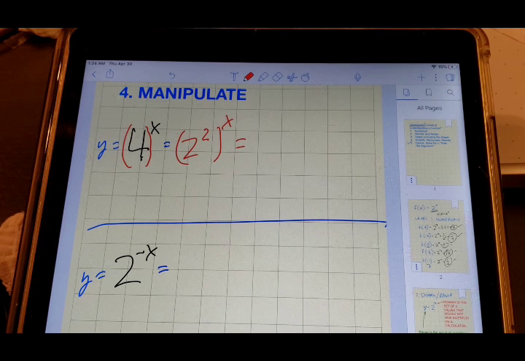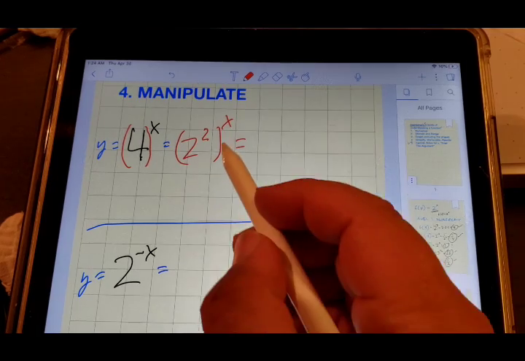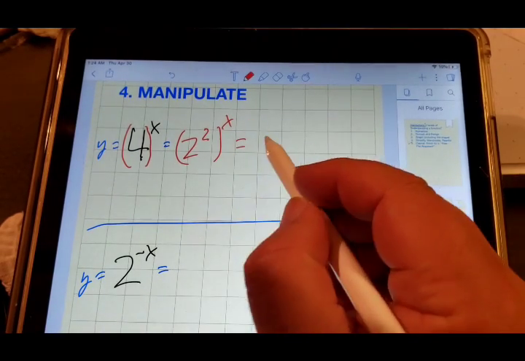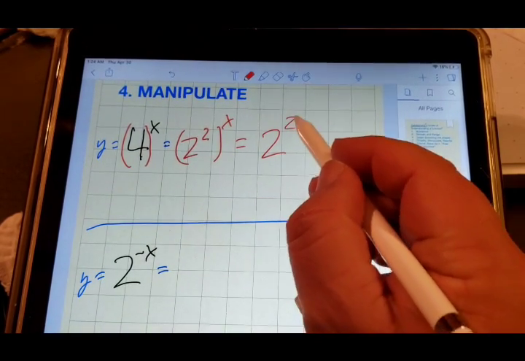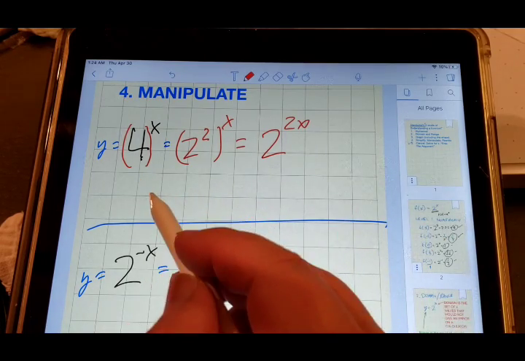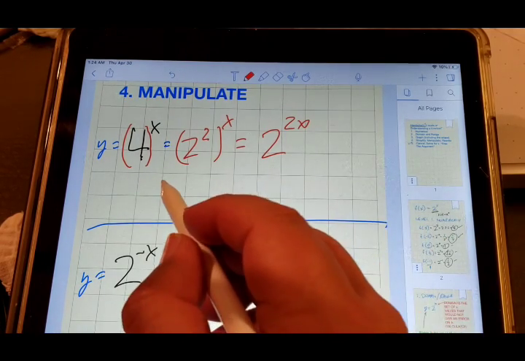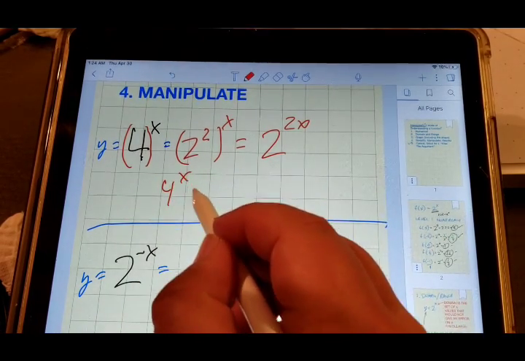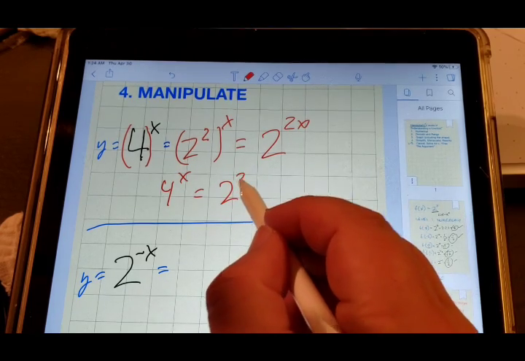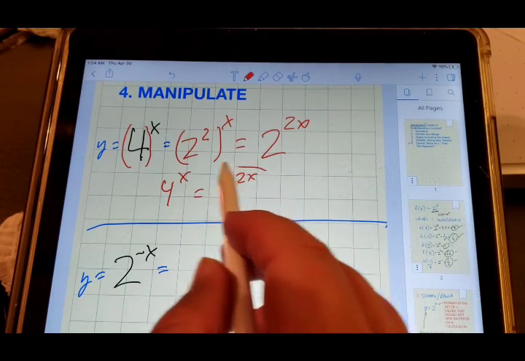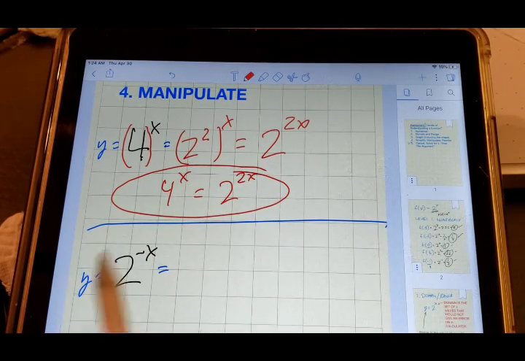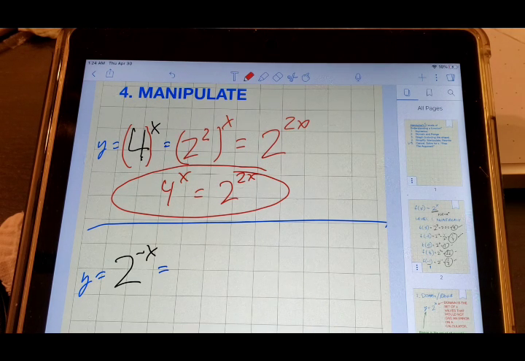At the end of this, I just want you to agree with me, okay, that's true. Now these two can multiply, so that's 2 to the 2x, and that's it. That's my manipulation. So what I'm saying is 4 to the x is the same as 2 to the 2x. I'm not saying one's simplified and one's not. I'm just saying they're the same.